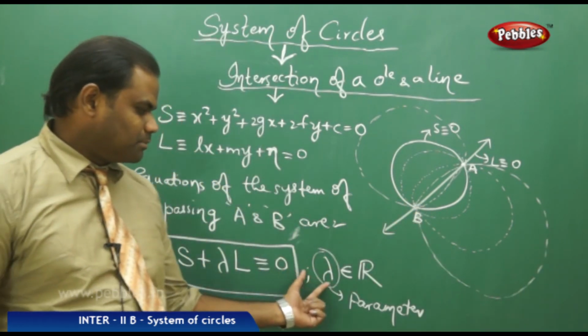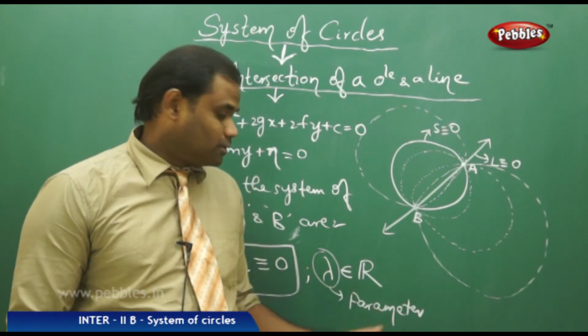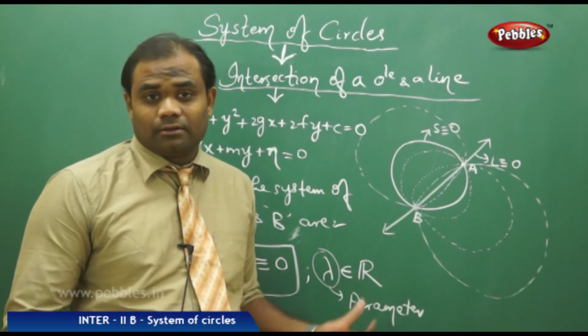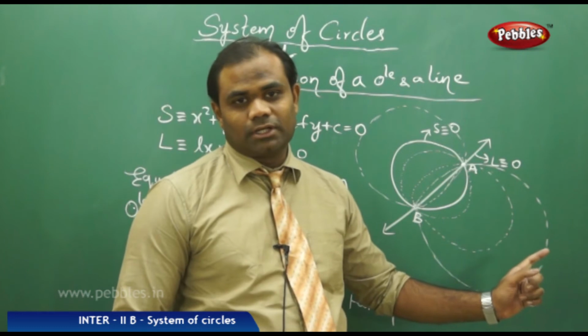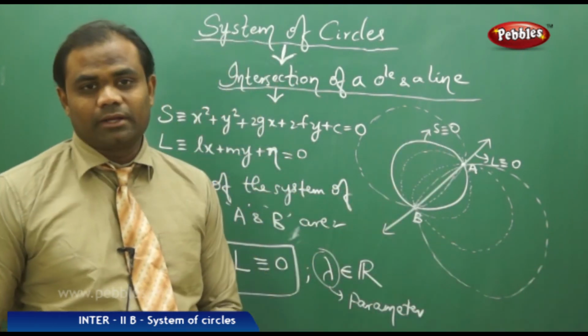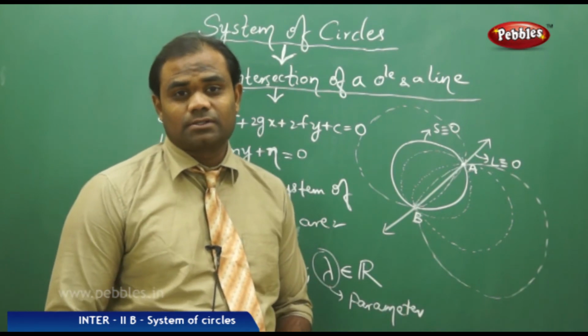Also, since lambda belongs to R and the set of real numbers is infinite, therefore for infinitely many real values of lambda, there are infinitely many circles which can be drawn passing through A and B. So this forms an infinite system of circles.